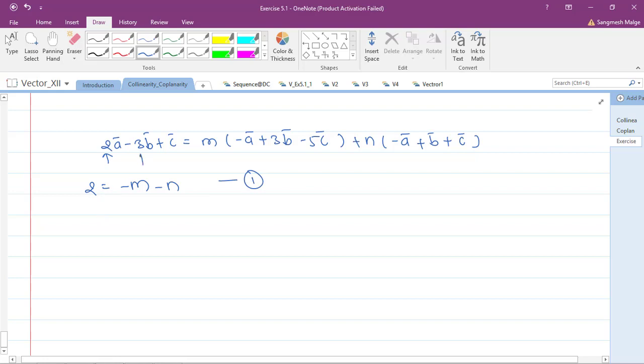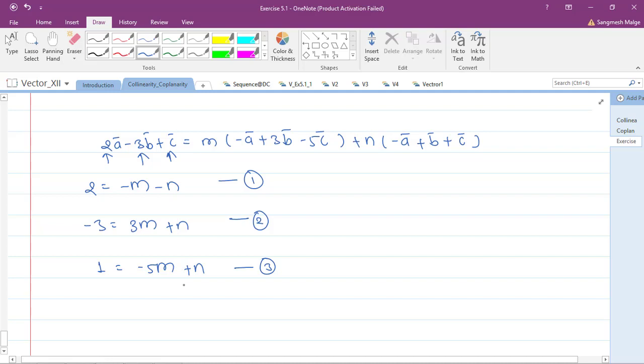Next, minus 3 is equal to 3m plus n, equation number 2. And the last one, the coefficient of c bar is 1, which equals minus 5m plus n, equation number 3. Now solve these equations to get the values of m and n.